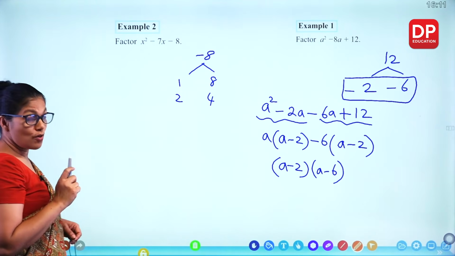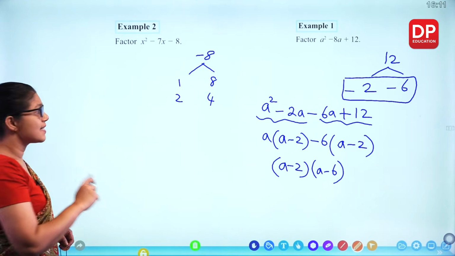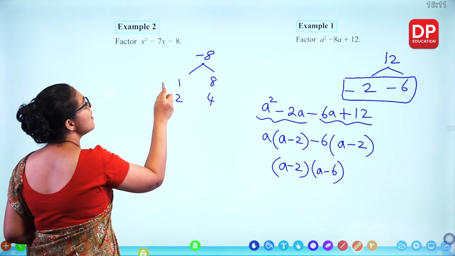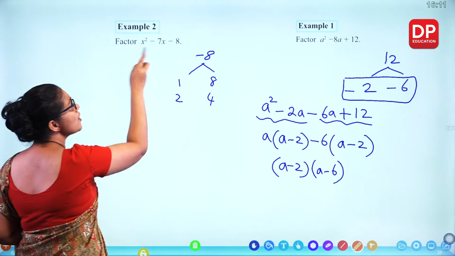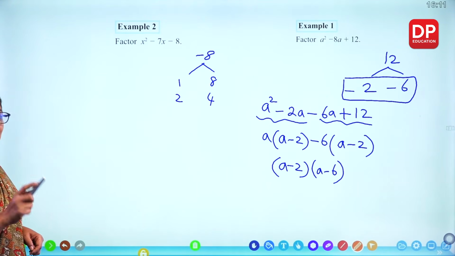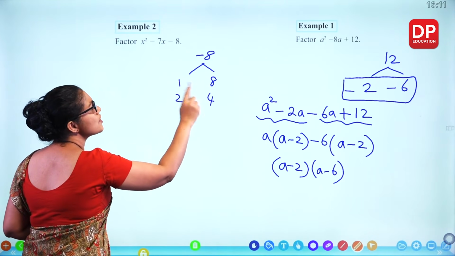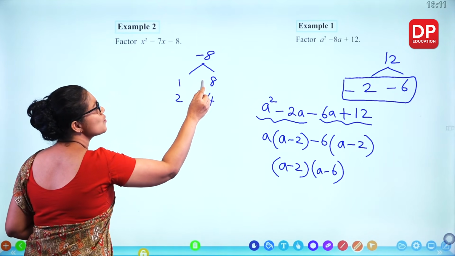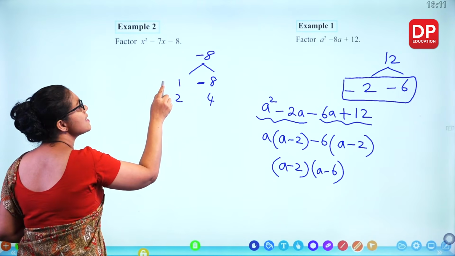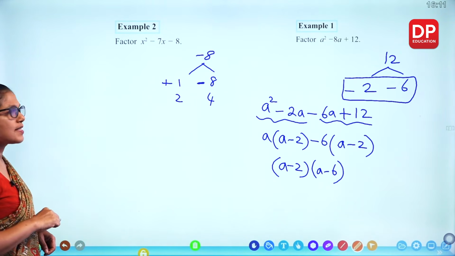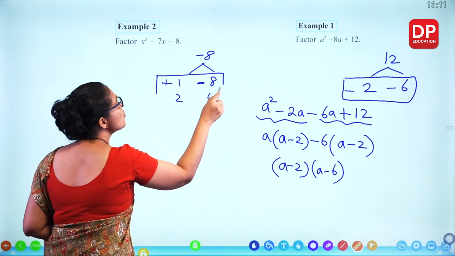But you are getting minus 8, so one should be negative. Either this or this. Now I told you middle term is negative means the largest number should be negative. So what's the largest one out of 1 and 8? This one. So we take this one negative and this one positive. So this is the suitable one.